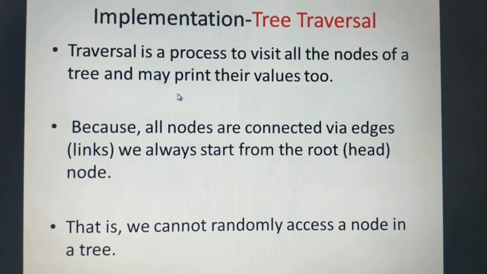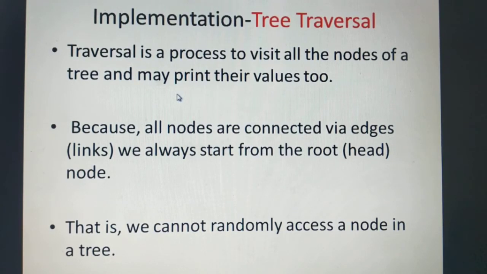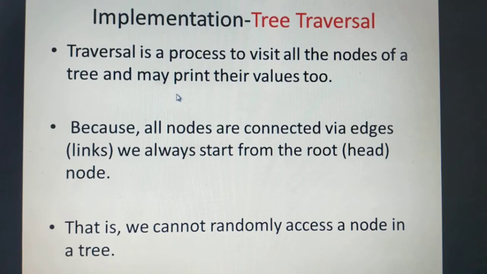As an analogical example, take a map of a city, say Belgaum's map. You can traverse the path from your college to your home. In the same way, in trees we can traverse the entire tree, which is a process to visit all the nodes of the tree and print their values too.